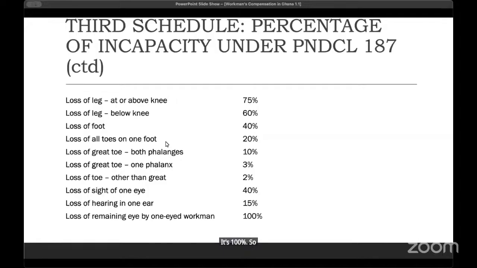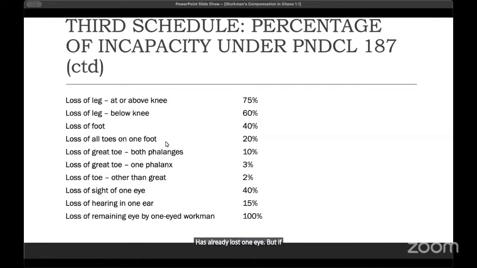So if you are going to give 100%, you have to show that that person has already lost one eye.